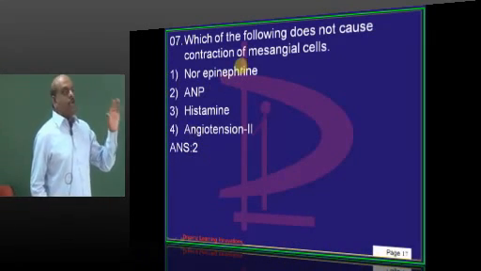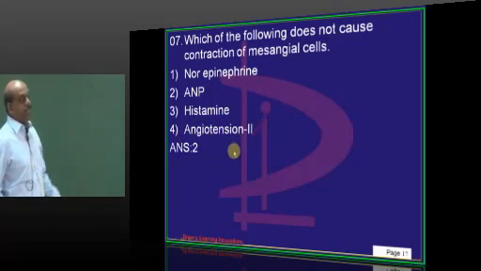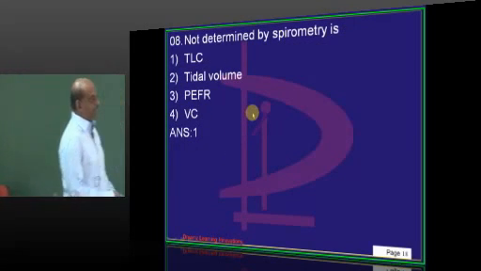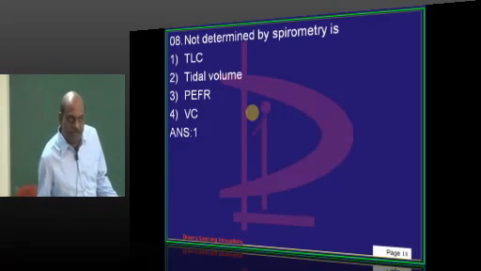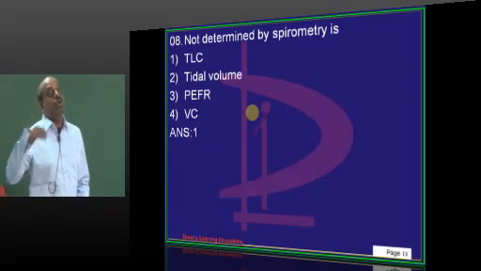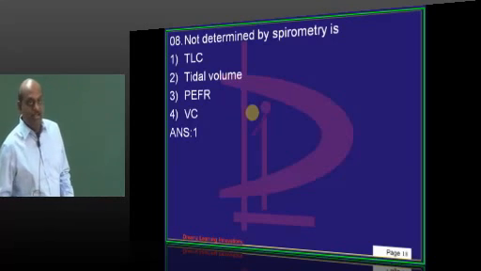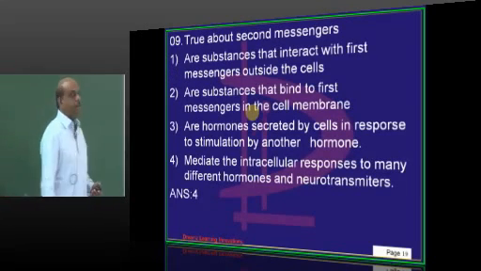ANP does not cause contraction of the mesangial cells, but norepinephrine, histamine, and angiotensin 2 are all associated with it. You can't calculate residual volume using spirometry. Residual volume is a part of total lung capacity, so you can't calculate total lung capacity using spirometry, is what you have to remember.